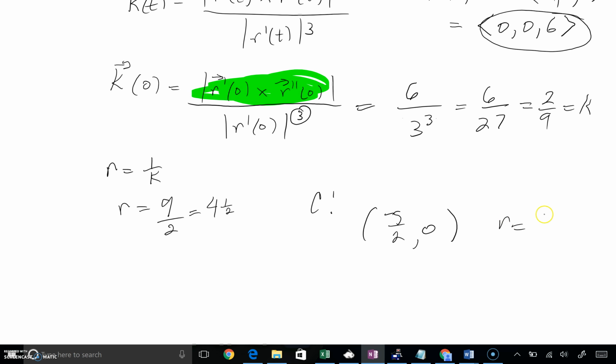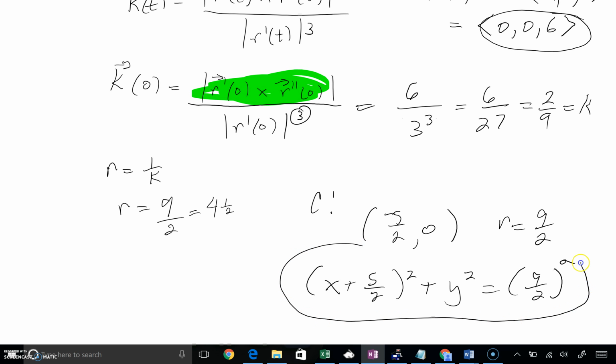Our radius is going to be 9/2. You write this equation out. You can check the back of the book, and it will get you this equation of your osculating circle. Just wanted to talk you through that. I know it's one thing for us to just do a parametrization and everything's going to work out. This is actually in detail how to get that osculating circle.